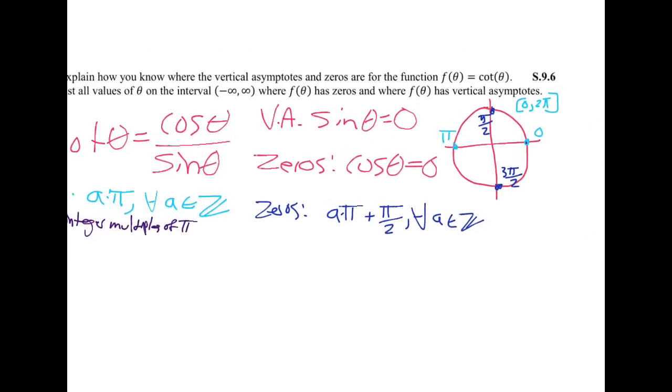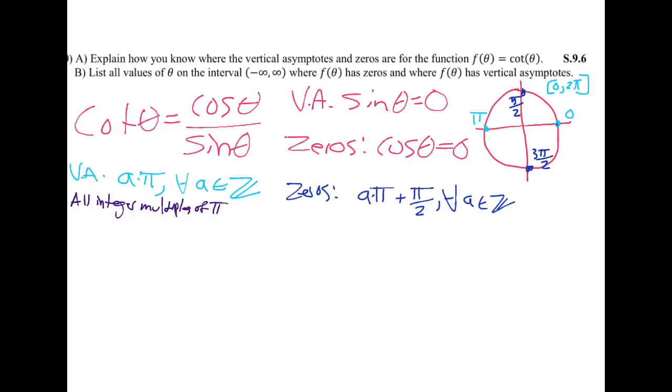It's a small distinction, but it's important nonetheless. Now what is this saying? If you think about all integer multiples of pi getting us to either 0 or pi, well, if you add pi over 2 to that, then you get to those corresponding parts straight up and down.